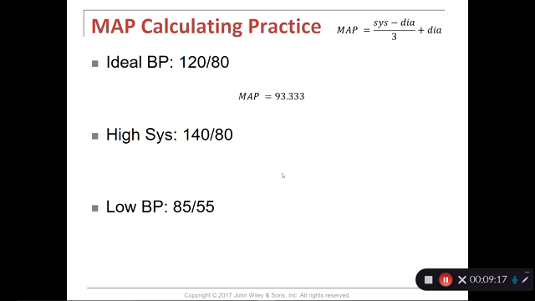So ideal BP, we run through the calculation, we get a 93.33 MAP, a mean arterial pressure. High systolic, you can see that 140 does start going in that warning region, while low BP drops us below that lower border of 70.